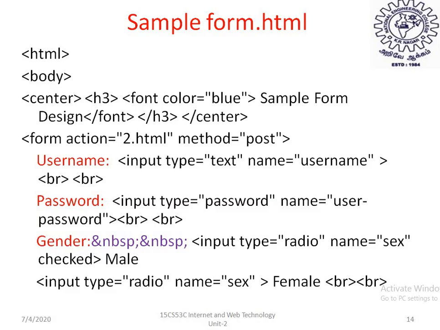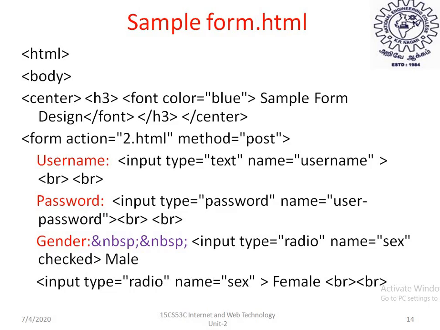Here we are getting input from users through text boxes, that is input type equal to text. You can collect the username in the form of a text box, the password in the form of a password field, and gender in the form of a radio button. Here we are using &nbsp;. &nbsp; is nothing but a space, and BR is nothing but a line break.